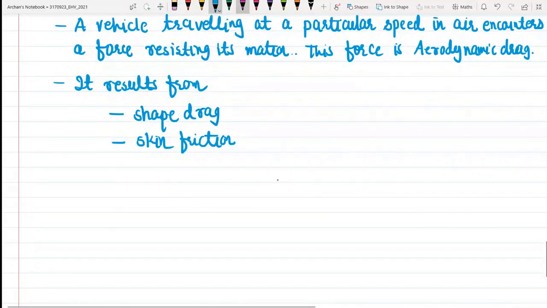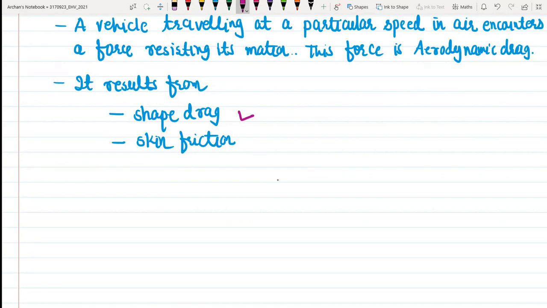Talking about the shape drag, the forward motion of the vehicle pushes the air in front of it. However, the air cannot instantaneously move out of the way, and its pressure is thus increased, resulting in very high air pressure.